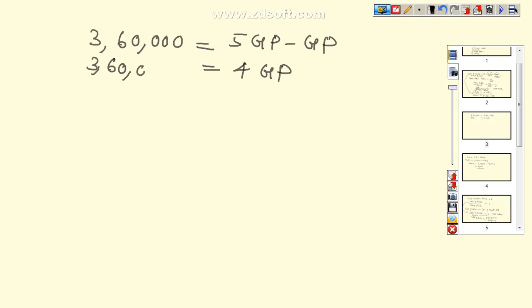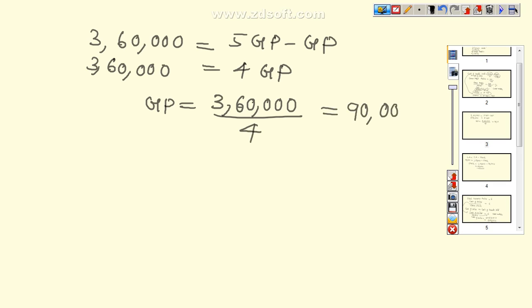So GP is equal to 3,60,000 upon 4, that is equal to 90,000.